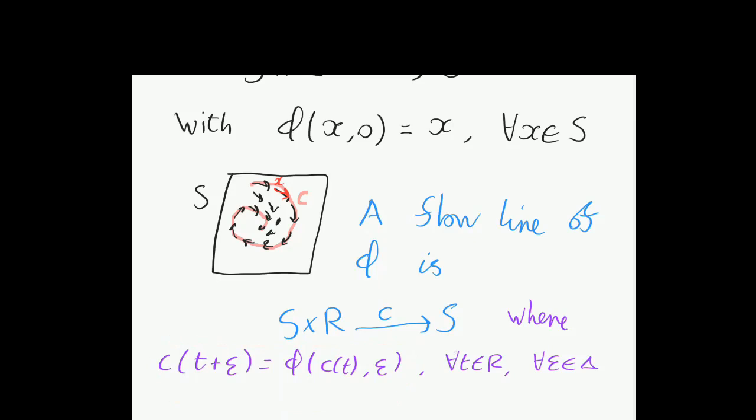For any time t, which is a real number, and for any nil square infinitesimal epsilon, the position that we're at at t plus epsilon is equal to the position that we get to by starting at c of t and then moving this infinitesimal amount epsilon along our vector field.